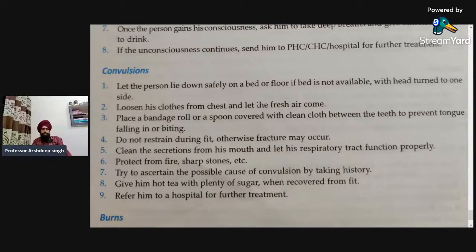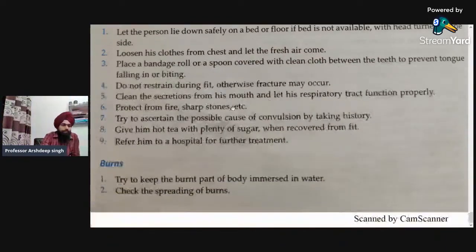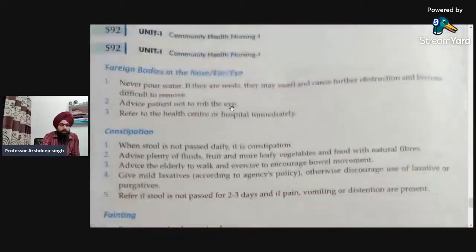Next, give him hot tea with plenty of sugar when recovered from the fit, and if nothing works, or repeated convulsions occur, immediately consult the doctor for further treatment.